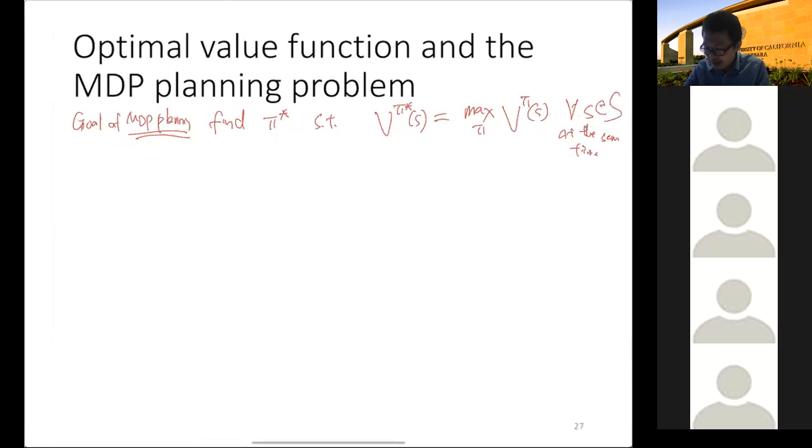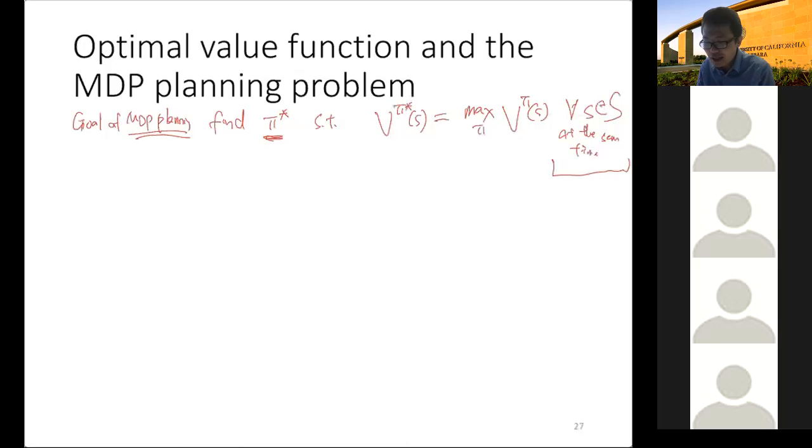I highlight this part because the requirement for optimality is stronger than just finding a particular policy for a given MDP with a fixed initial state or a fixed initial state distribution, which always exists. This requires us to find a policy that simultaneously maximizes the entire value function coordinate-wise.